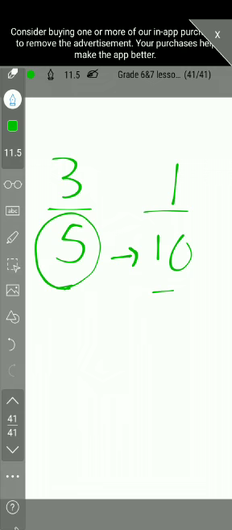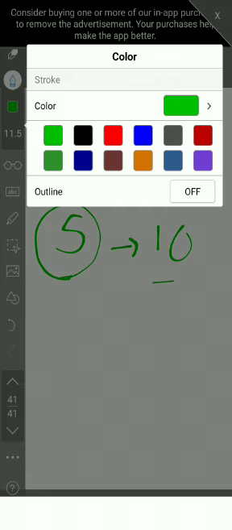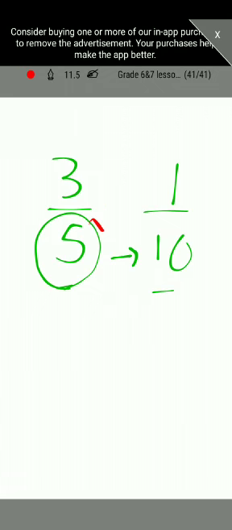If you look carefully, we have 5 here and 10 here. 10 is bigger than 5, right? So we are going to make this 5 equal to 10, and rewrite 3/5 by converting the denominator to 10. How? We need to multiply 5 by 2 to get 10.